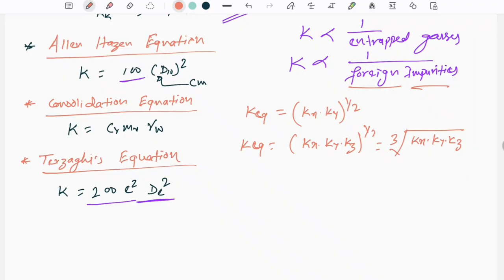There is another relation in case of a non-homogeneous medium, means when flow is through a non-homogeneous medium.